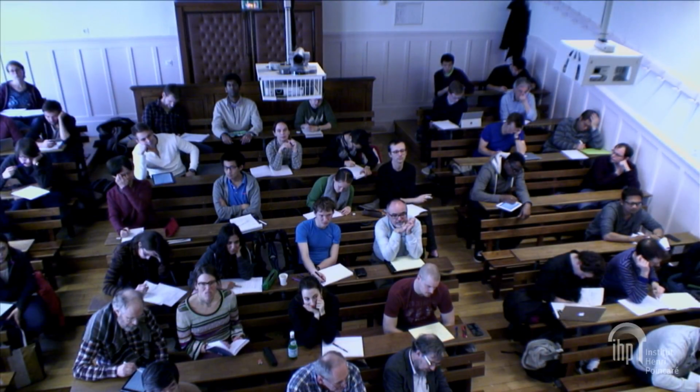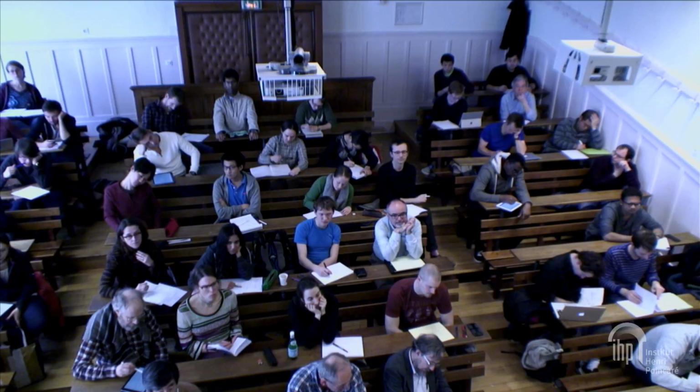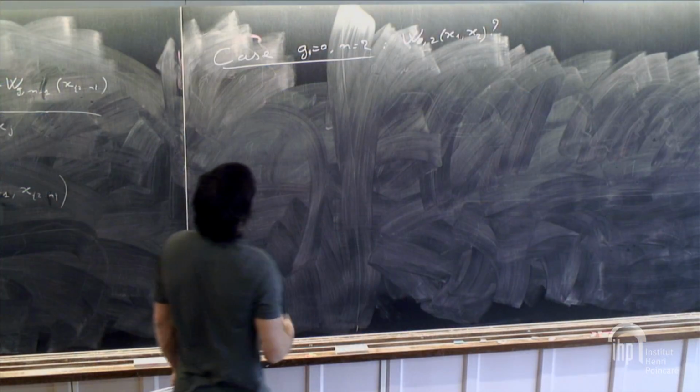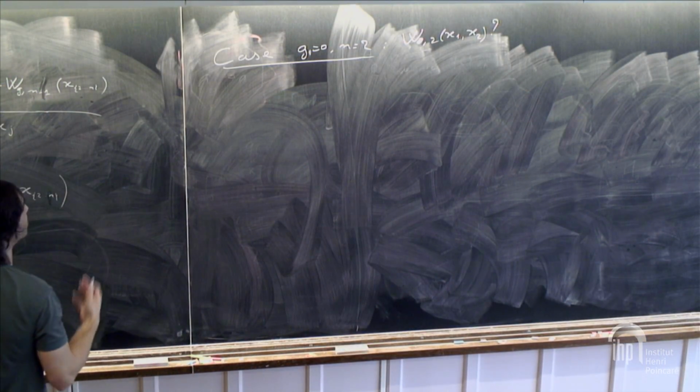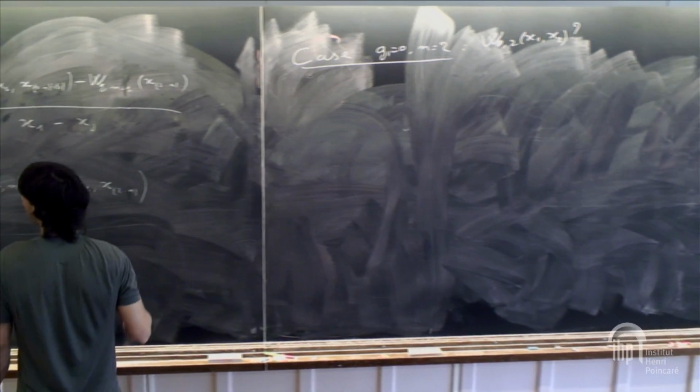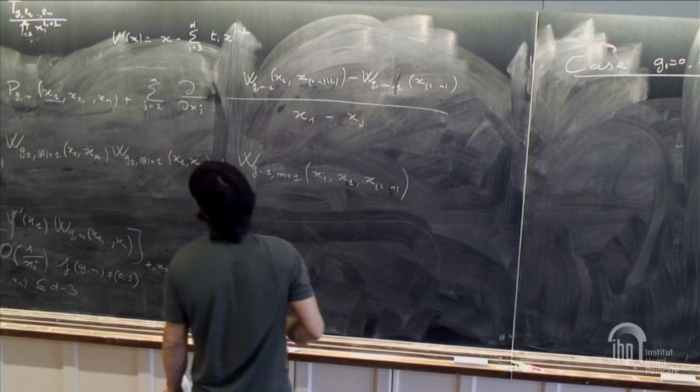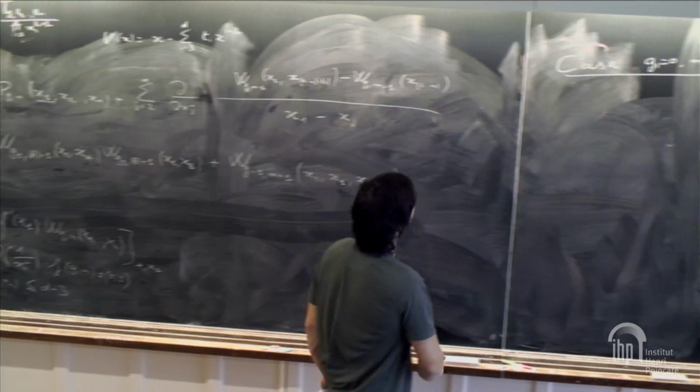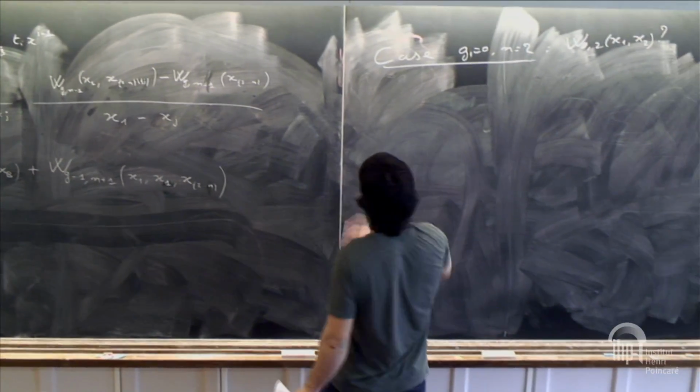I tell you right now, this will be the last specific case I'm looking at. I'm not doing all the g and n's. The point is that this always has a very nice representation and a very important role to play. So I just write down this equation for g equals 0 and n equals 2.